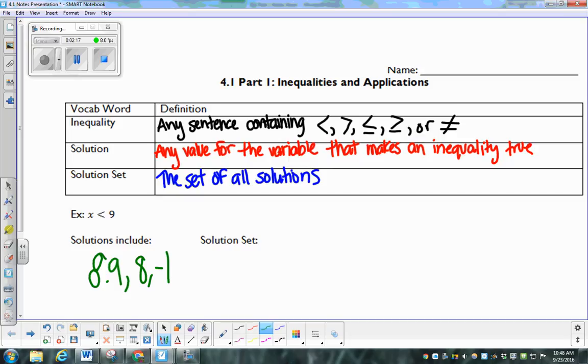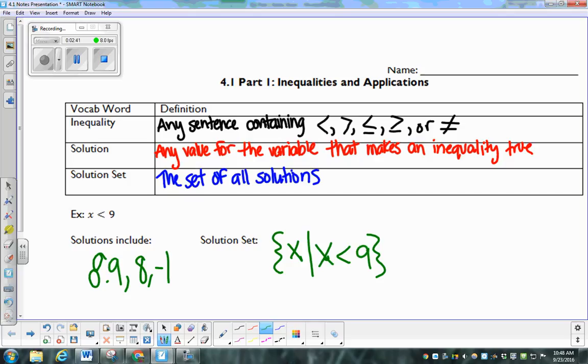Anything less than 9, those work in that case. Our solution set is, well, any number less than 9. That's the whole solution set. It's all of them. If you wanted to write that in set builder notation, which we've learned about, you would just write it like this. Any number x such that x is less than 9. That's it.